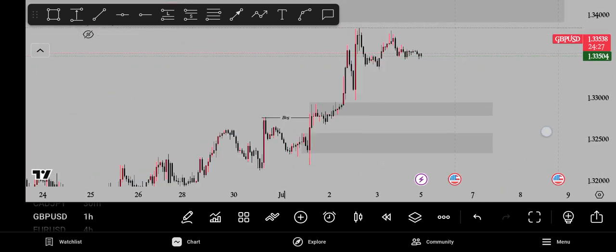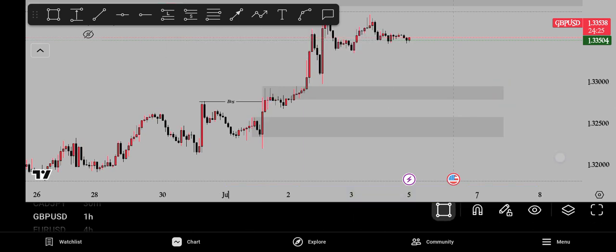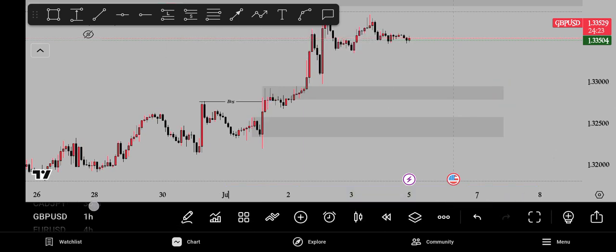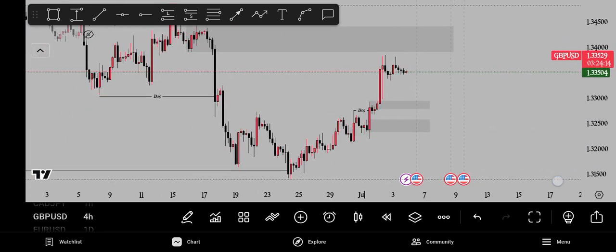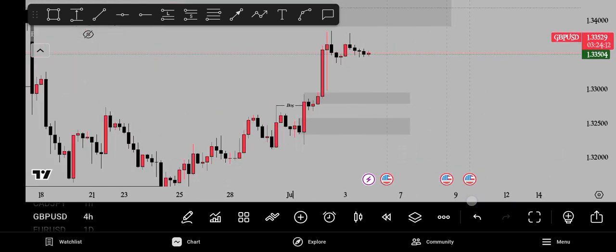So we're waiting for price to return to either of this demand, and watch out for the reaction price will give there.